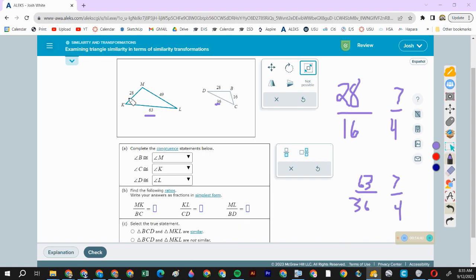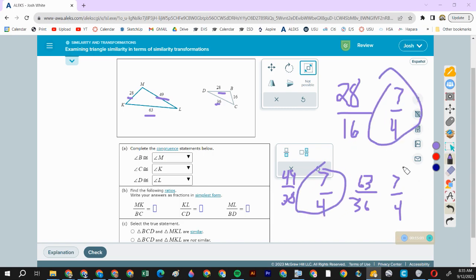And then ML is 49 divided by 28. So 49 over 28 is also going to give us 7 over 4. Now notice, all three match.